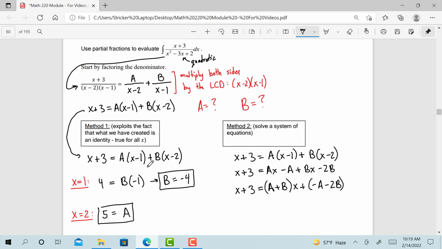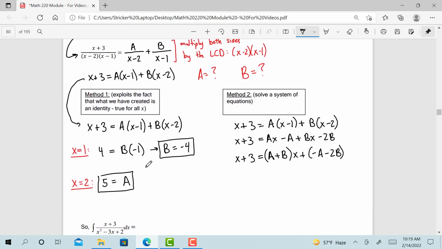And then we just kind of compare things up. So if you look, the left side is also in linear form. So x plus 3, that's linear. And then the right side is in linear form. It's (a plus b)x plus the constant. And so what that tells us, if we're comparing the left side with the right side, is that the constant in front of the x over here, which is 1, has to be equal to a plus b.